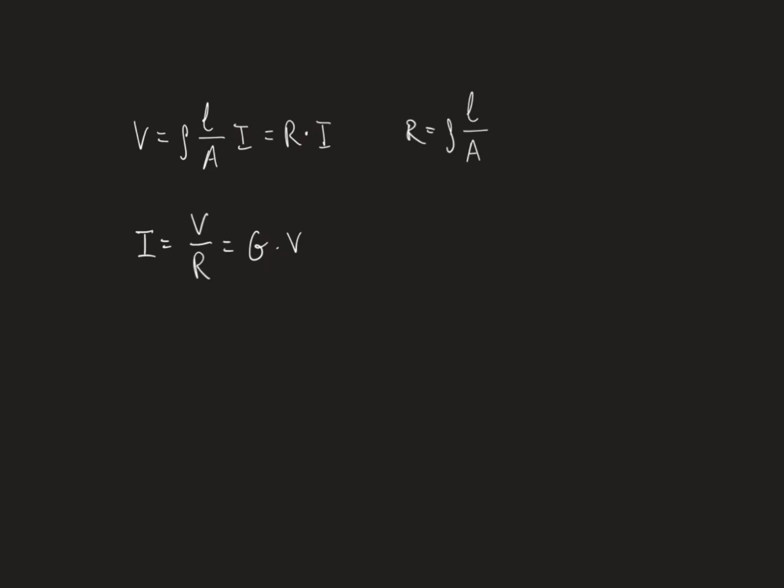Of course, the conductance G is the reciprocal of the resistance and is measured in Siemens. The conductance can also be measured in ohm to the minus 1 or reverse ohm, also called mho.